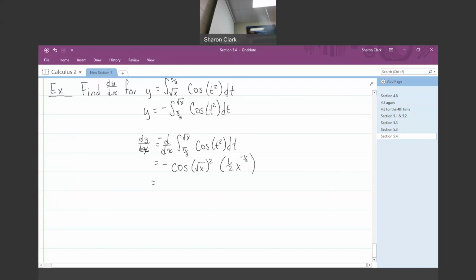Okay, so that's going to be negative cosine of x, because the square and the square root cancel, over 2x to the 1/2, or negative cosine x over 2 square root of x. All right. And that's the last example.